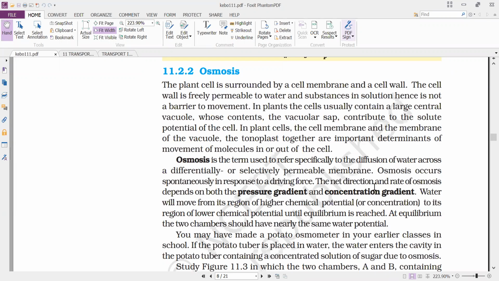In other terms, the net movement of water molecules occurs from the region of lower solute concentration to the region of higher solute concentration. Here we refer to the solute concentration, while in the first case we refer to the concentration of water with reference to water potential.